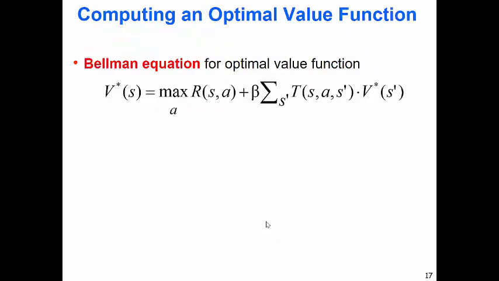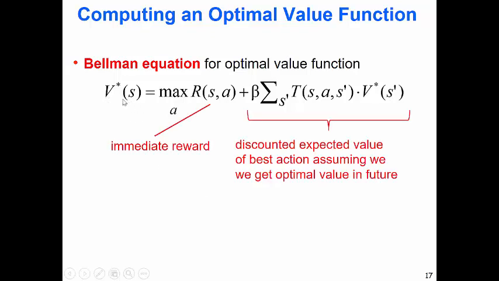All right, so now let's talk about how we get the optimal value function. And I'm not going to derive this. Bellman did this way back in the 50s. And what we can say is that the optimal value function satisfies what's called the Bellman equation. And it's actually a fairly intuitive equation. So the Bellman equation says that the optimal value at state S is equal to, well, I've got to consider all options A in state S and then choose the best, right?